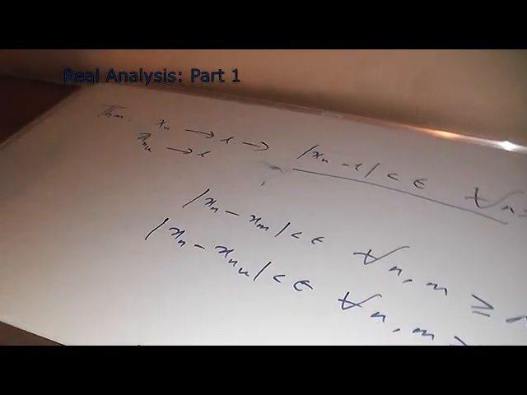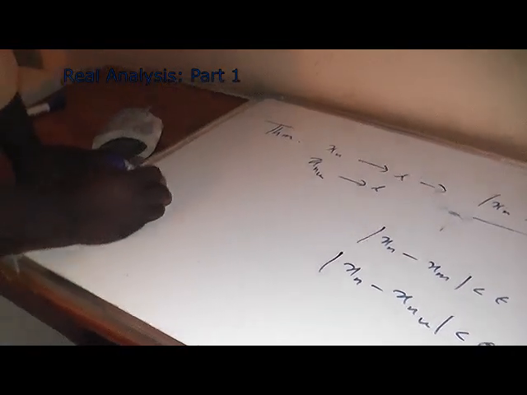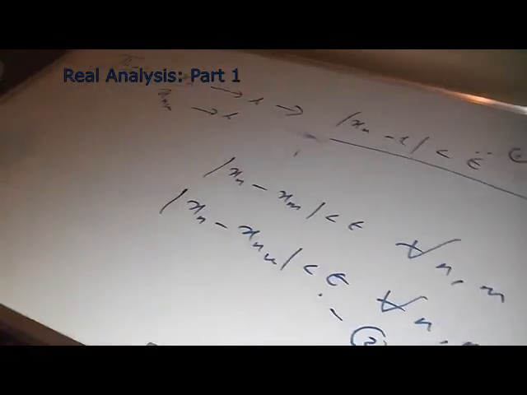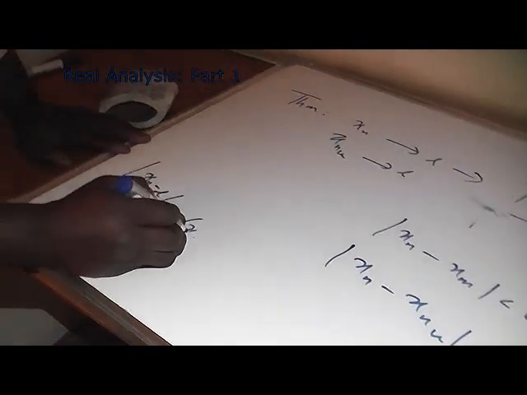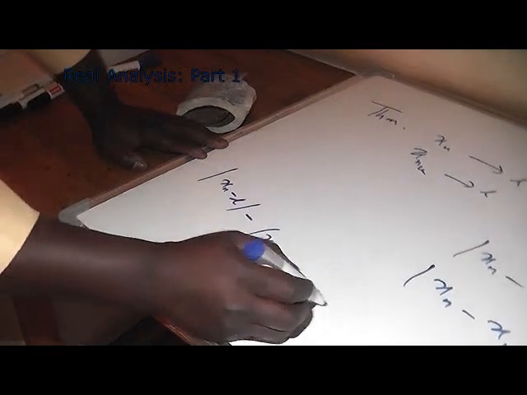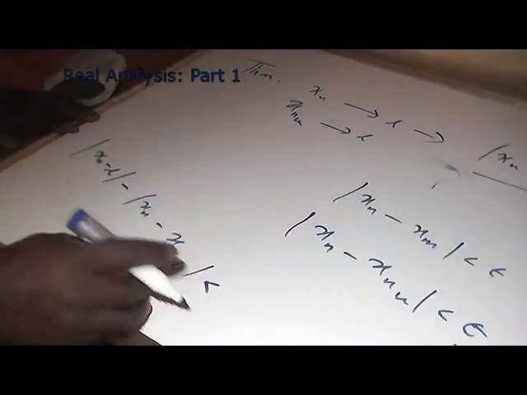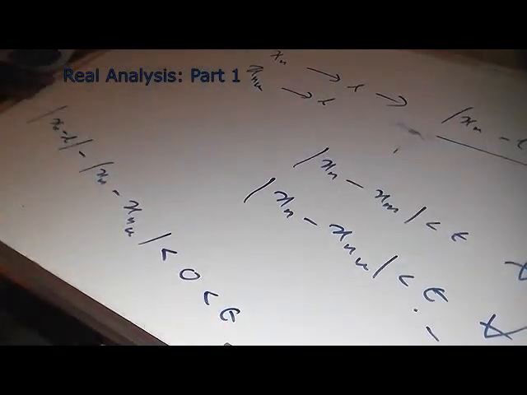Summing up the two, or subtracting 1 from 2 or 2 from 1, what we get is |xn minus L| minus |xn minus xnk| is less than epsilon minus epsilon, which gives us 0, which is less than epsilon.